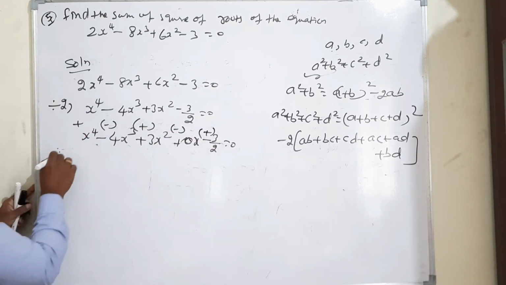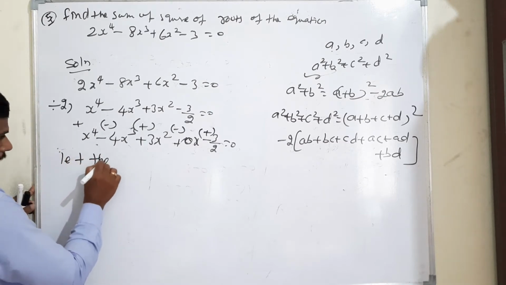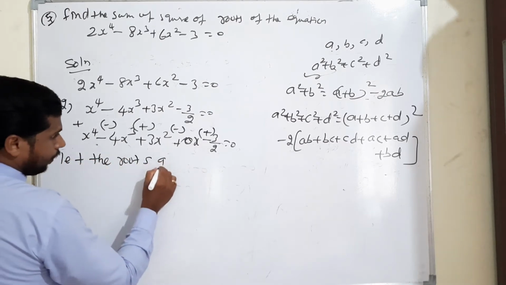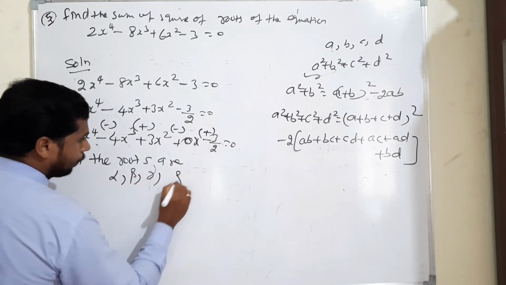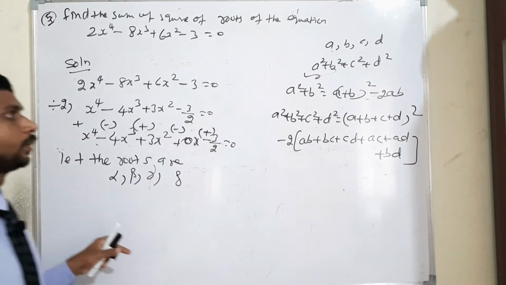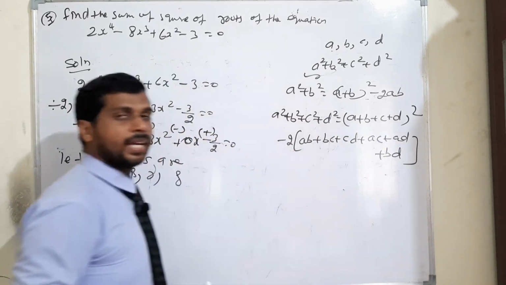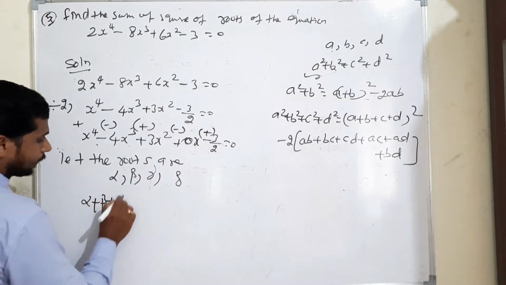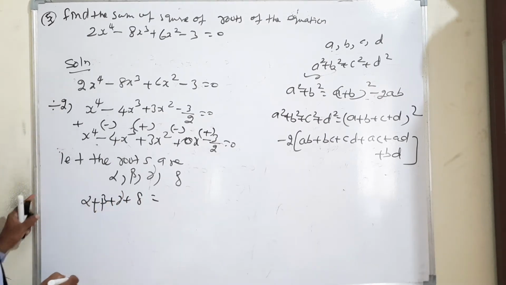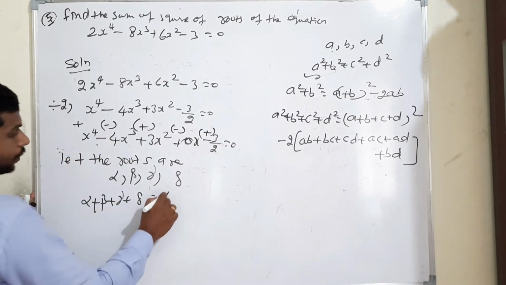Let the roots be alpha, beta, gamma, delta. First, the sum of the roots taken one at a time, alpha plus beta plus gamma plus delta, is definitely minus into minus, positive 4.